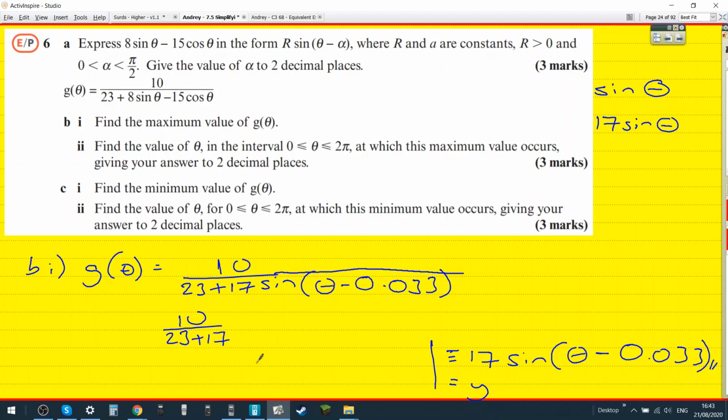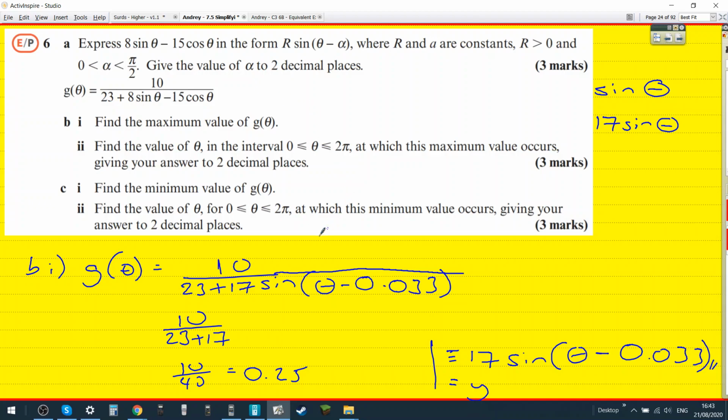Okay, 10 over 40, which is a quarter. I'm going to write that as 0.25. This reminds me of bounds at GCSE. I think we might be able to get a different value. Let's just get the full range for this.